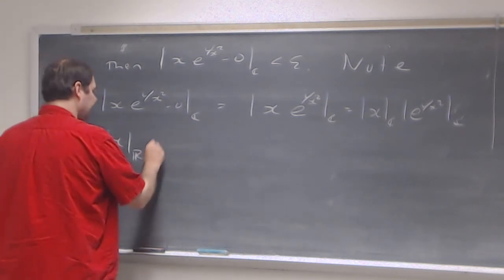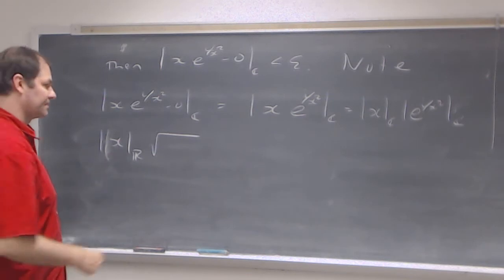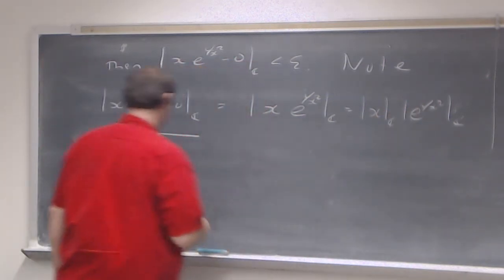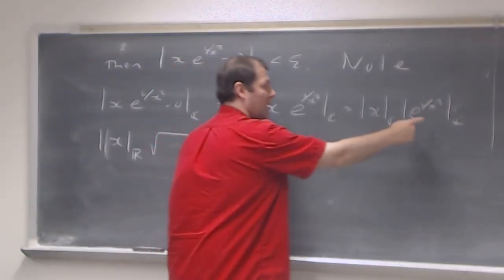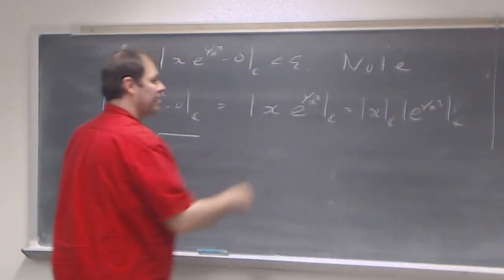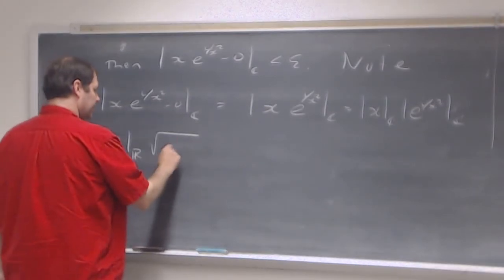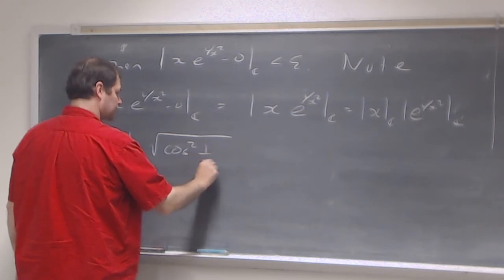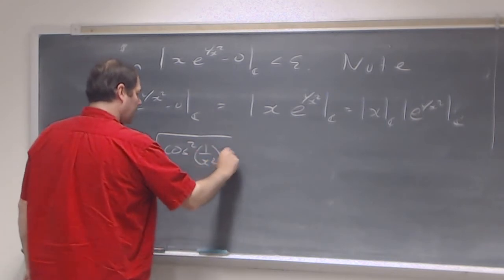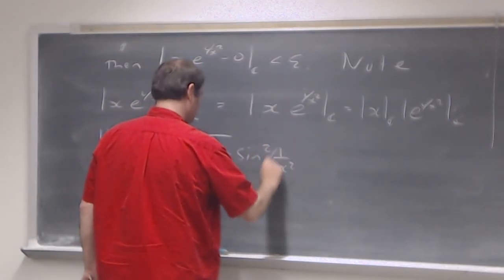if you remember how we define e to the i times something, the something is 1 over x squared here, so it's going to be cosine of 1 over x squared plus i sine of 1 over x squared. And its complex absolute value is going to be the square root of cosine squared of 1 over x squared plus sine squared of 1 over x squared.